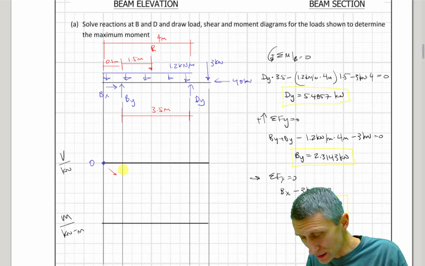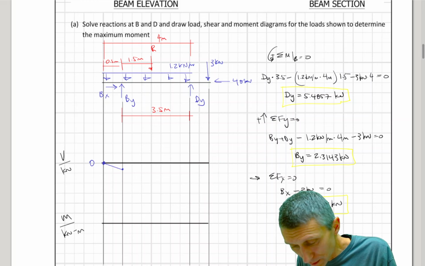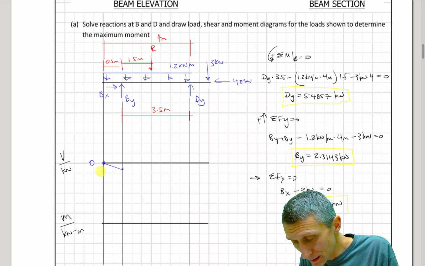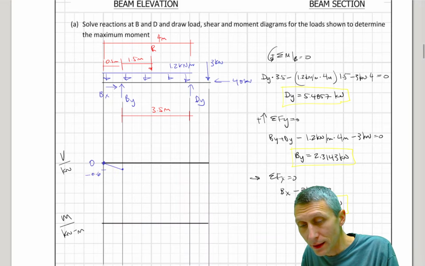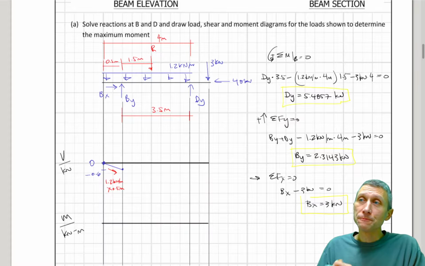I'll make each box a little bit smaller here, just to make sure I have space. So I come down here, that's going to be minus 0.6, and again, that comes from dropping 1.2 kilonewtons per meter times 0.5 meters, right? So that got us down to this level.